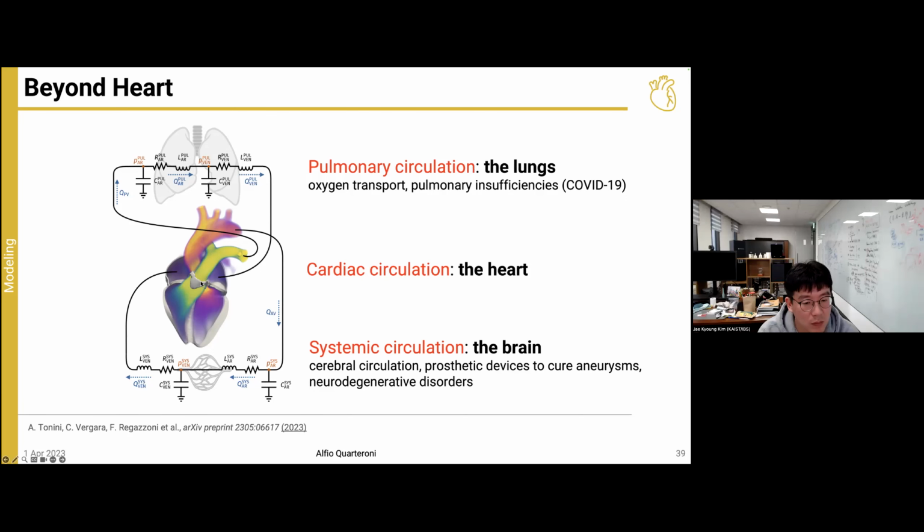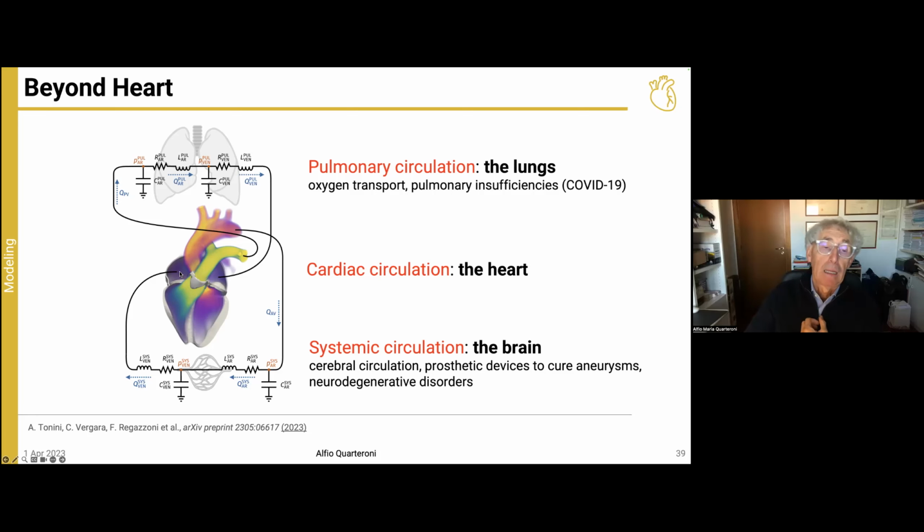In particular, on the right part of the heart, where you have to do more work in order to contrast the increase of the pulmonary artery resistance on one side. So you change the mechanical functioning of the right heart. And on the other side, since you have less oxygen to bring to the cells, the generation of the active force has to take into consideration this reduction of oxygen.